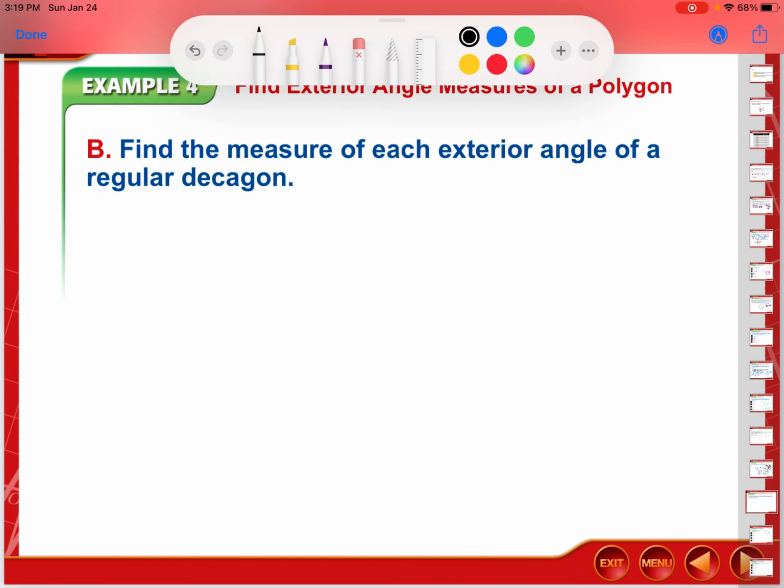So, find the measure of each exterior angle of a regular decagon. So here we are again. They're throwing this regular at us, and they want us to find the measure of each exterior angle of a regular decagon.